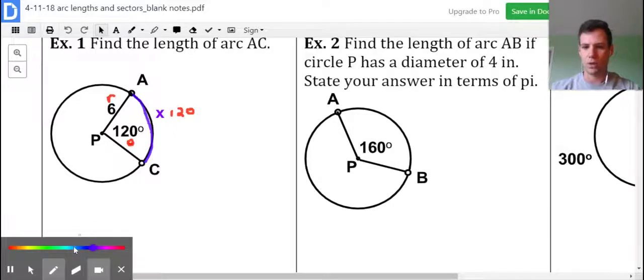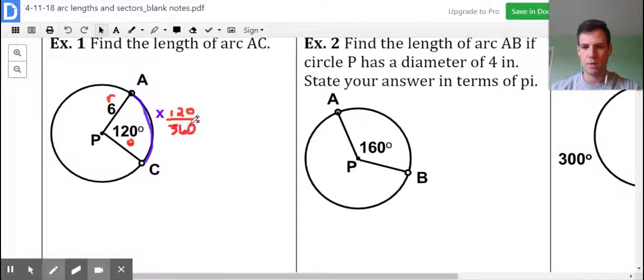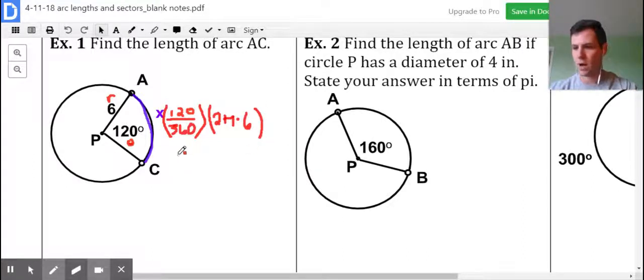We will do that by doing 120 over 360 in parentheses for the angle part, and then multiply by the whole circumference, 2 pi times the radius of 6, and that ends up equaling approximately 12.6, rounded to the nearest tenth.